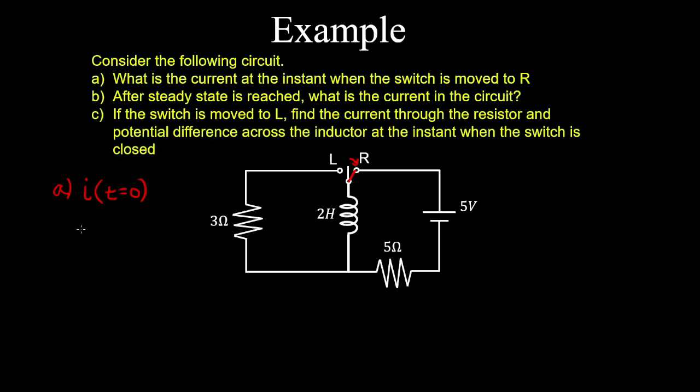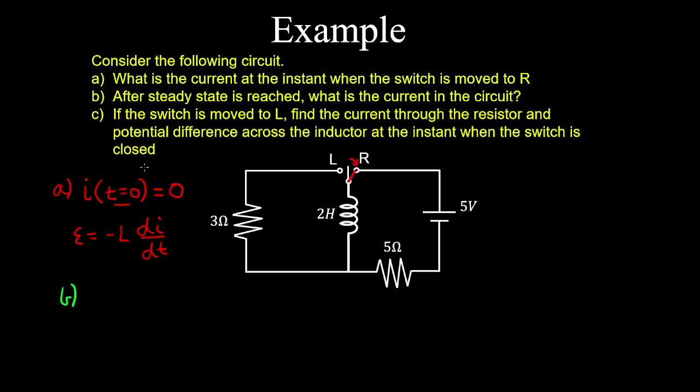So it provides a backward EMF that opposes the EMF provided by the battery. And the change in current is the highest at this point in time. So therefore the current flowing through the circuit immediately when the switch is closed is 0.